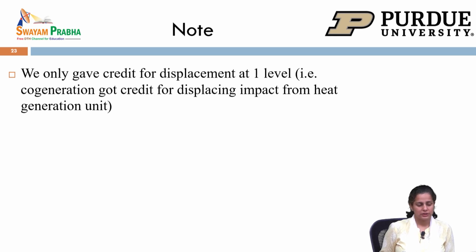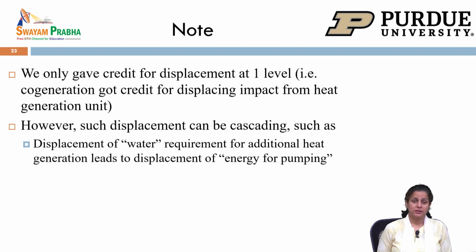So, you note that we only gave credit for displacement at one level, that is, co-generation got credit for displacing impact from the heat generation unit. However, this is a complex thing, so such displacement can be cascading. So, for example, your displacement of water requirement for additional heat generation also leads to displacement of energy for pumping.